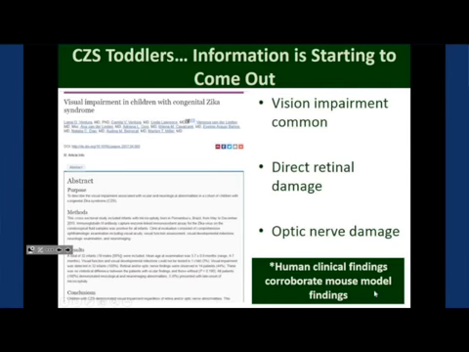What she found was that vision impairment was very common. Sometimes this was due to direct retinal damage, other times to optic nerve damage, other times to both. But the important reason I put this slide up is that this corroborates the mouse model findings perfectly. That's exactly what they saw in the mice.